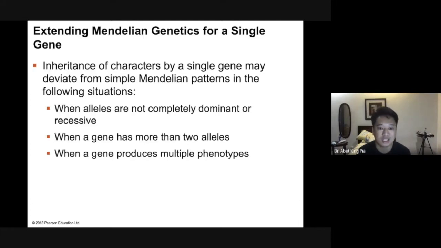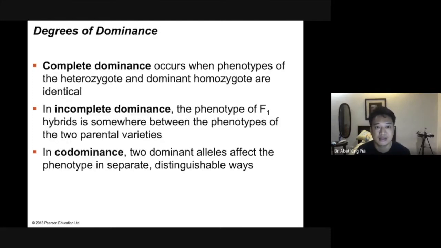Pero merong mga genes na bukod halimbawa sa color, pati yung structure kasama sa kanya, yung itsura, hindi lang isa lang yung phenotype na lumalabas. So that cannot be simply explained by Mendelian genetics or what Mendel presented. That's why we have the following concepts.